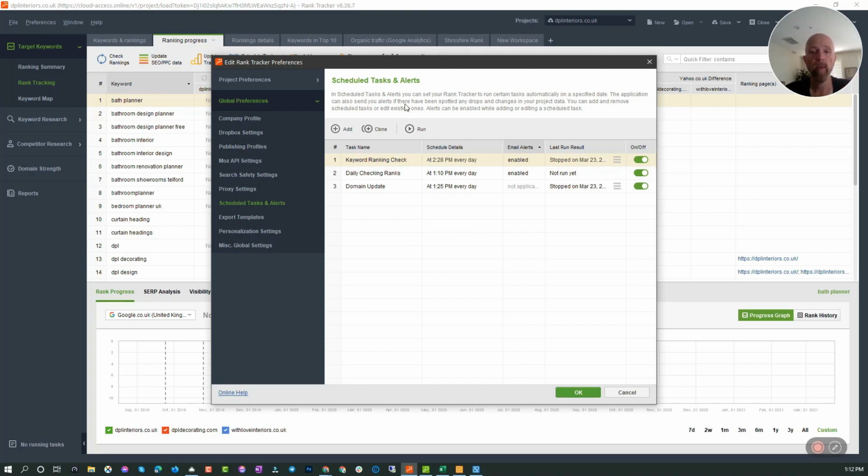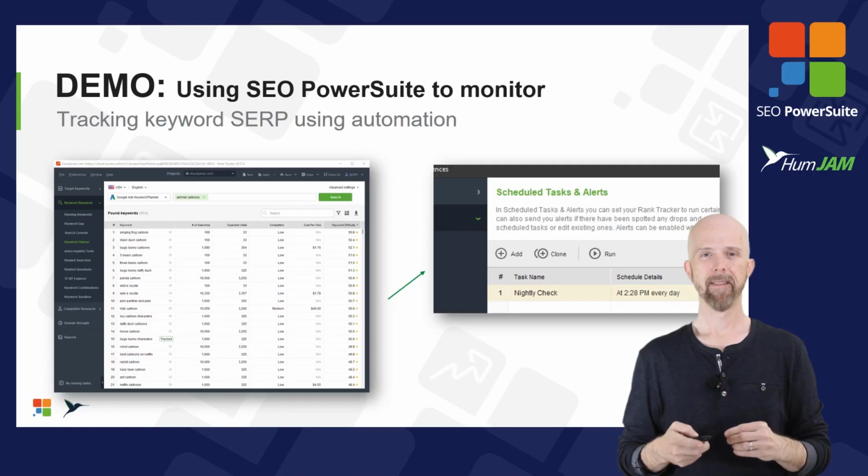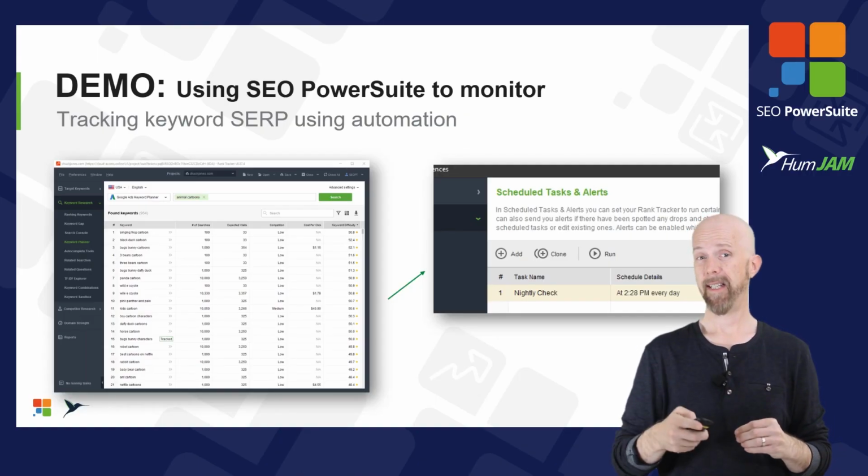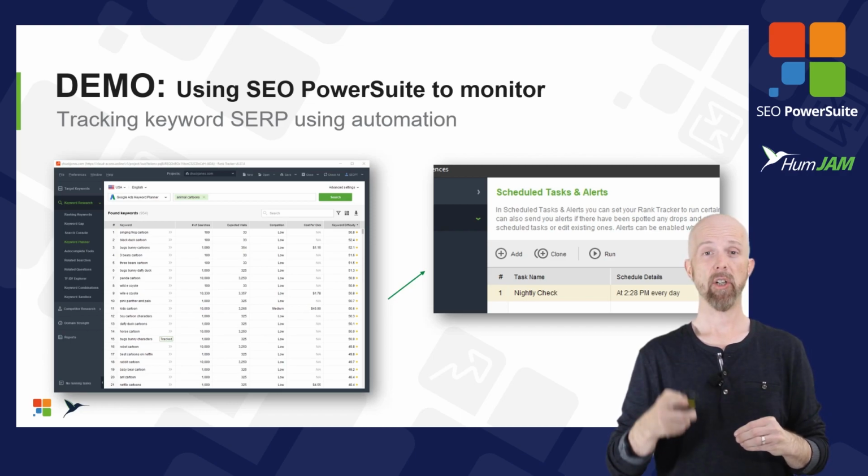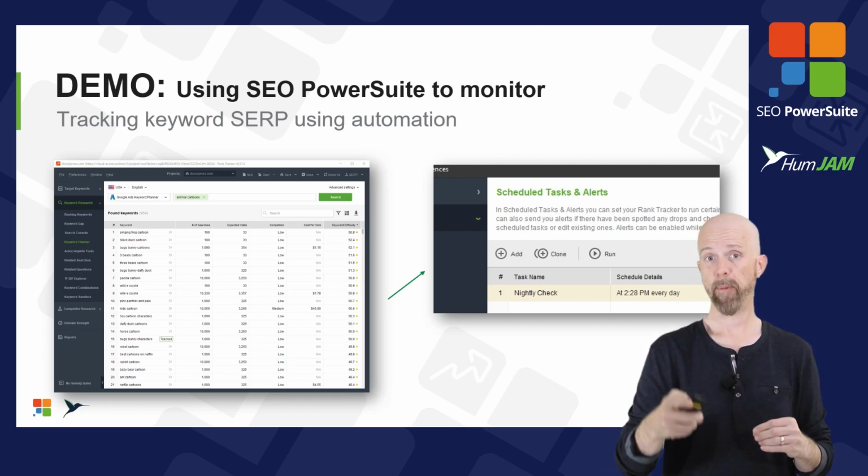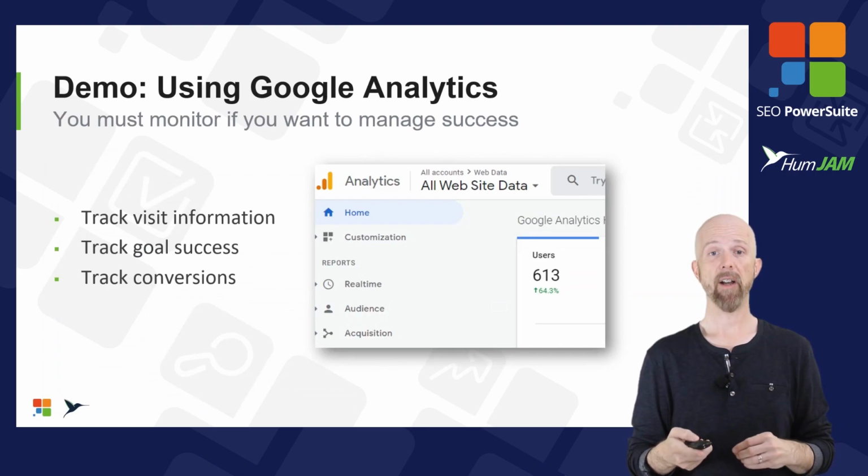So this is a great tool to set up scheduled tasks and alerts and to email you when your rankings go up and down in any way. Cool, huh? That was easy to find and easy to hook up, so make sure your computer is running to get these auto updates.